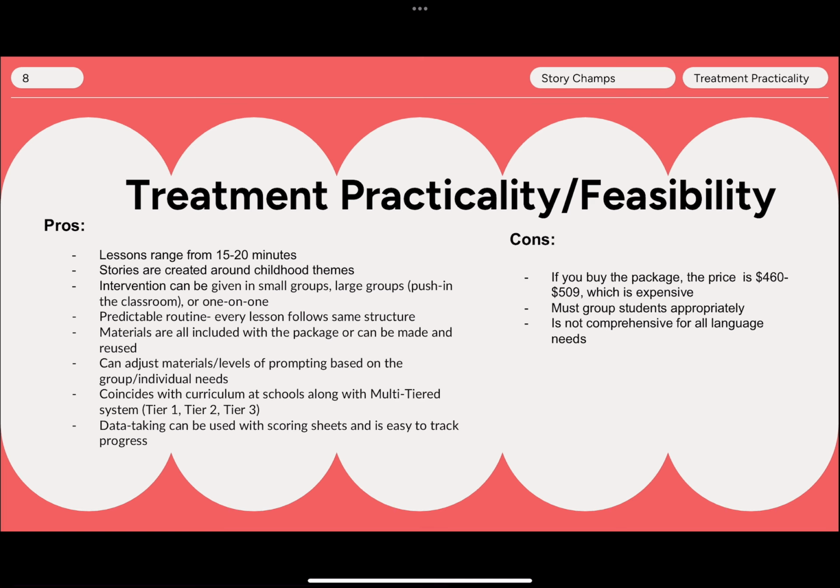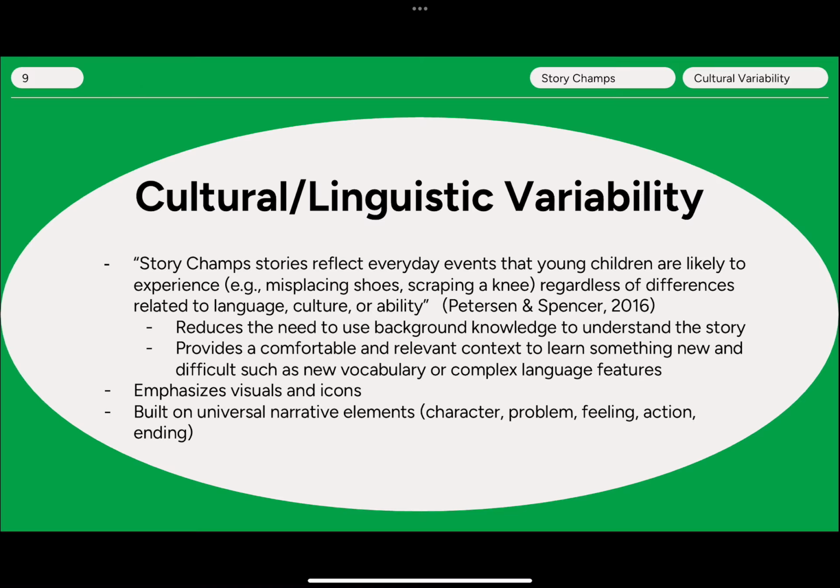I found a lot of information on cultural and linguistic variability within Story Champs. I'm going to take this quote directly. They reflect everyday events that young children are likely to experience, like misplacing your shoes or scraping your knee, regardless of differences related to your language, culture, or ability.